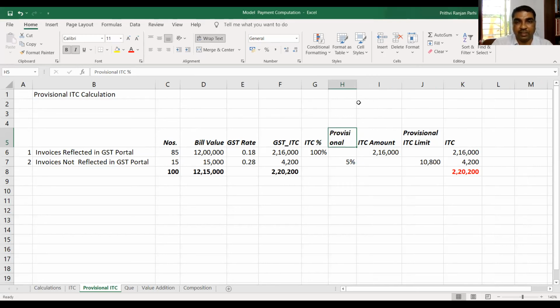Yeah, this is our model. I think it looks a little better.